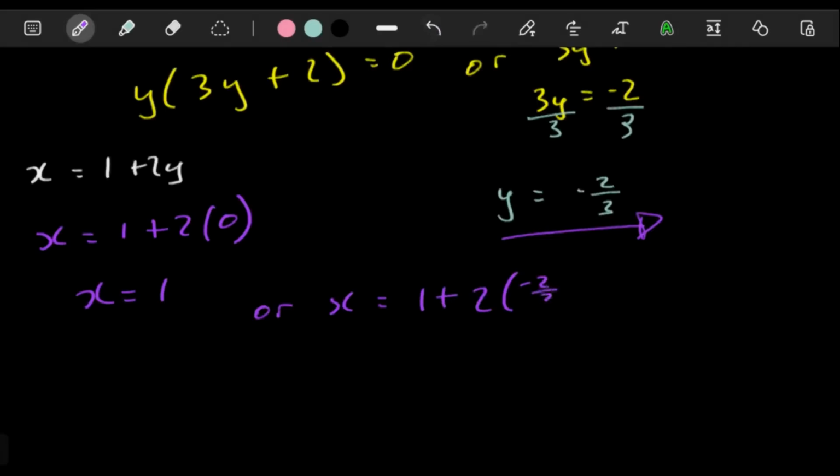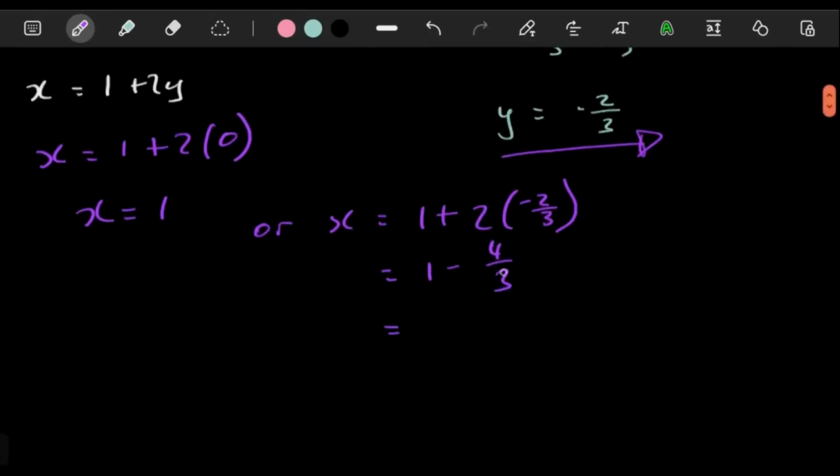So with whatever answers you're going to put here, you need to check them also. Because if they don't balance out your equations, then there's something wrong. So here 1 minus this is going to give us negative a third. Okay, so those are our answers. So the thing is, yeah, if they don't balance out the equations, then you have a problem.